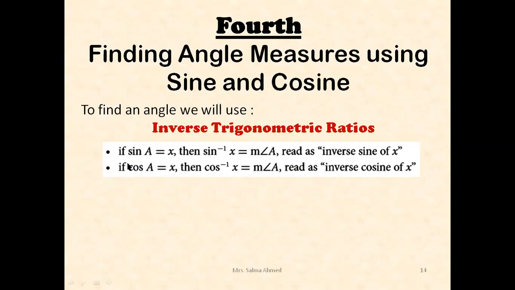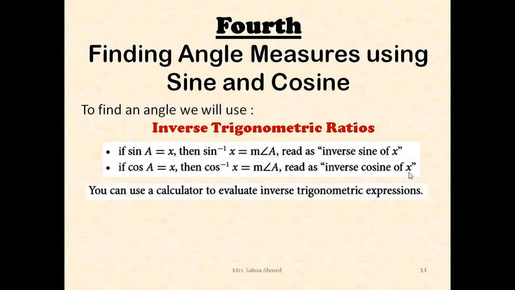So if I'm moving this sine or cosine from this side, I have to move it to be an inverse by power -1. And you will find it inside your calculators, and it's called inverse cosine of x. You can use a calculator to evaluate inverse trigonometric expressions.